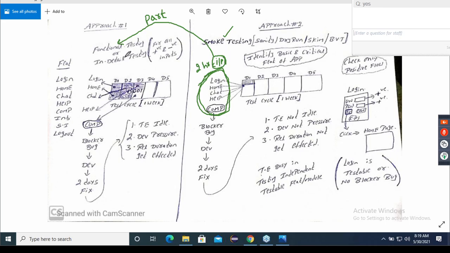Suppose we did smoke testing for a particular period of time and didn't find even a single blocker bug.